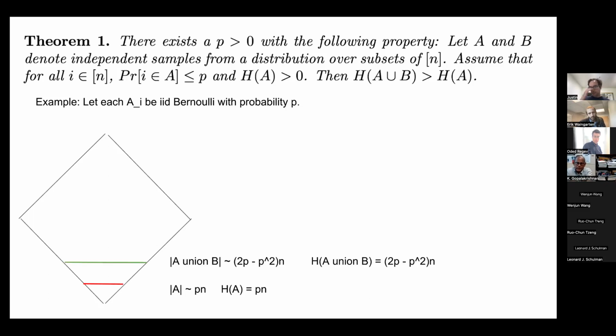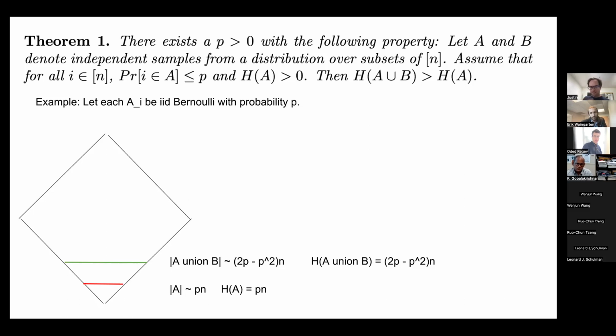And if A and B are IID, then their union is going to have size roughly 2p minus p squared times n. And so the H of A and B is going to be, oh, this is wrong, sorry. Yeah, good.